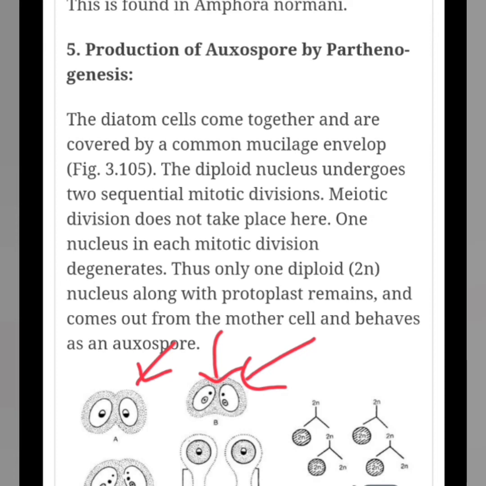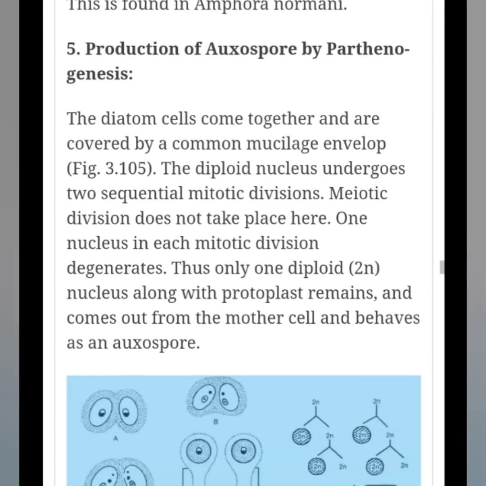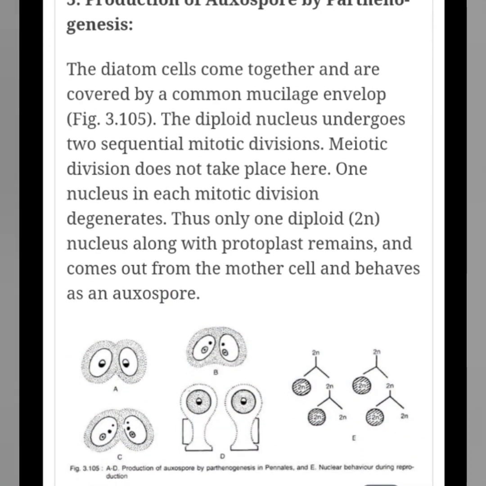and the other one, the diploid nucleus along with the protoplast, remains inside the cell. Alright, this will actually come out of the mother cell and it will behave as the auxospore. Again, now this auxospore will then be covered by a perizonium and secrete a new wall around itself, and thus a normal cell is formed. Okay, so this is a simple division which occurs by parthenogenesis.